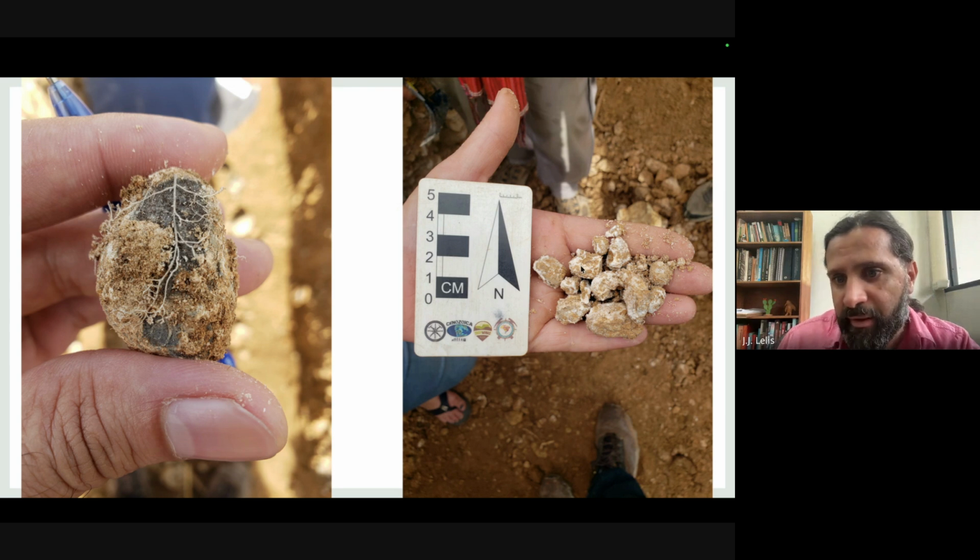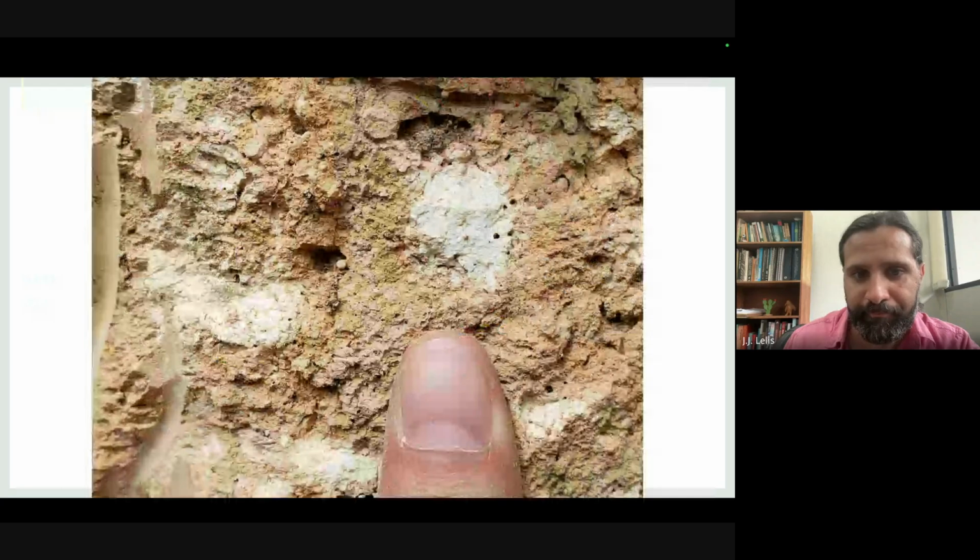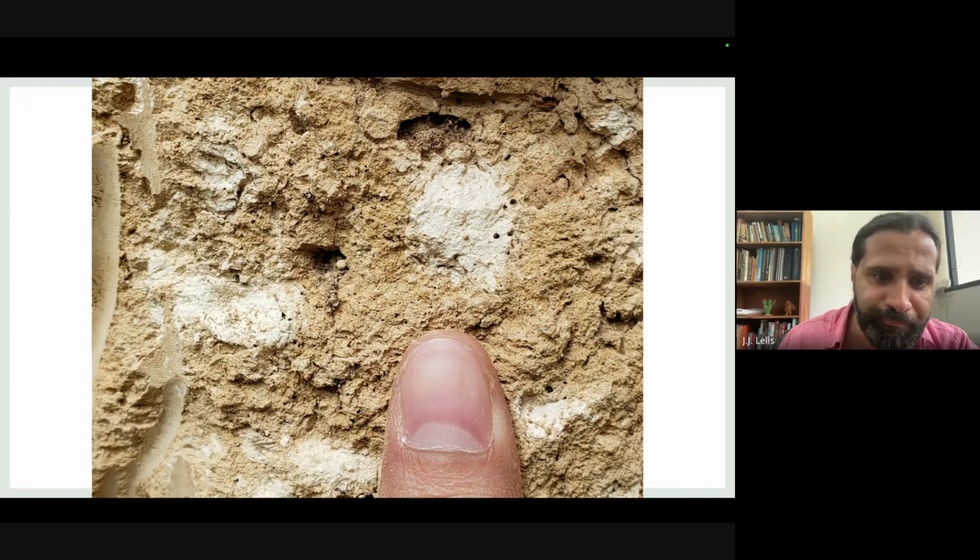Here we can see some calcium carbonate nodules, showing that we have secondary precipitation of calcium carbonate.